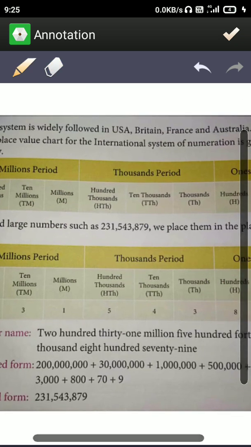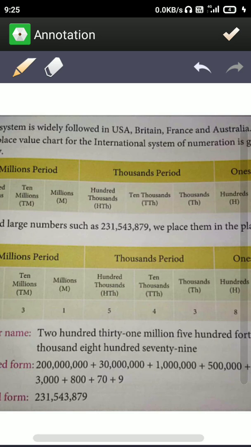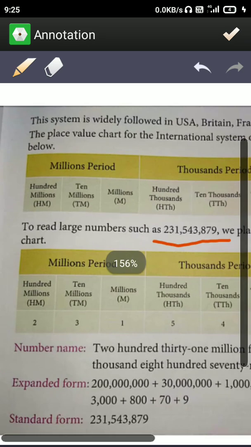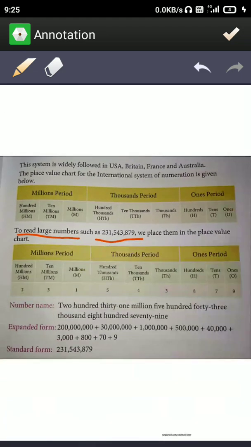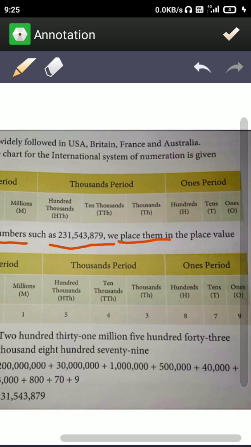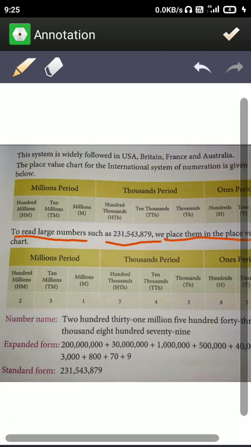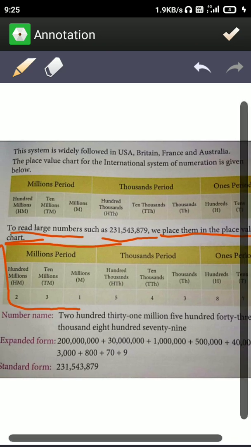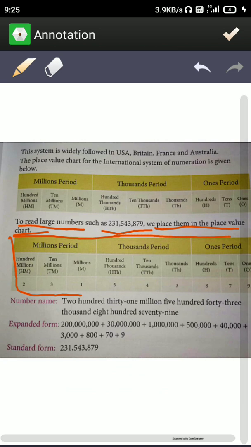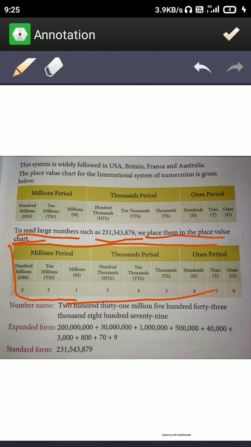Suppose we have one number, 231543879. To read such a large number, we will place it in a place value chart. This is a place value chart.